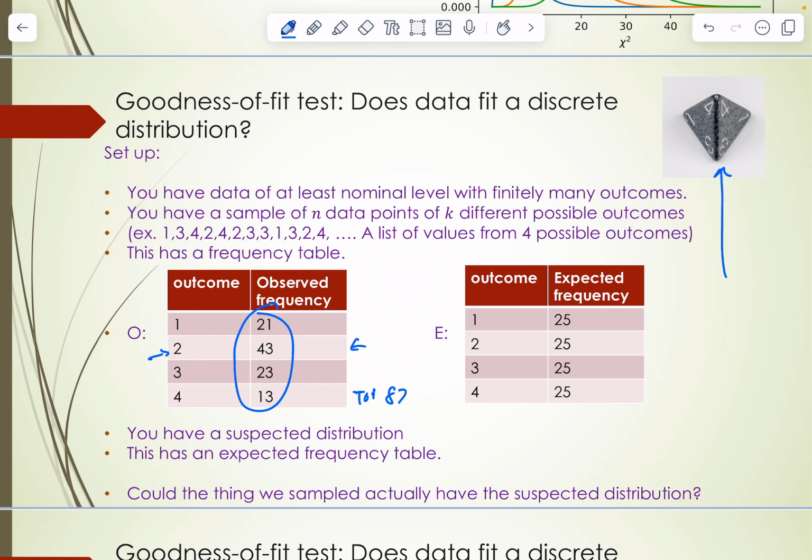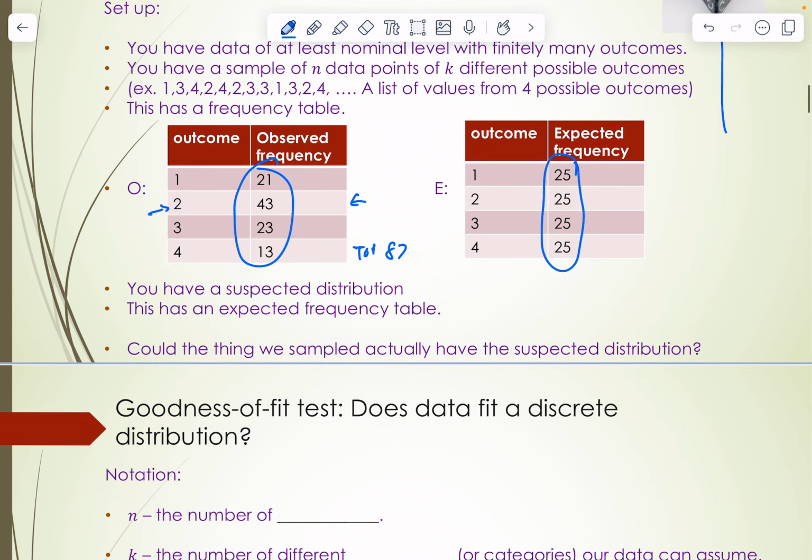Or is it just the natural random fluctuations of my data? So I will do a hypothesis test comparing it to the expected frequencies.